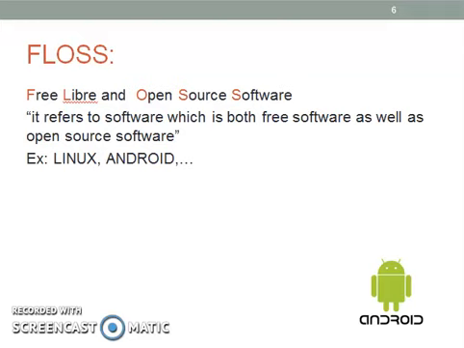Means the FLOSS software acts as both free software, means source code available free of cost, and it is possible to execute, improve the software and redistribute the software along with the license. Some examples for FLOSS are Linux and Android. These are operating systems.